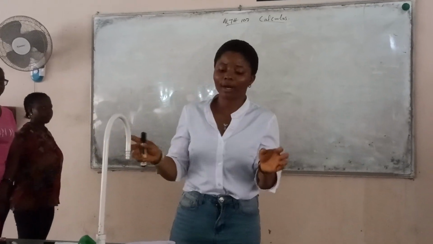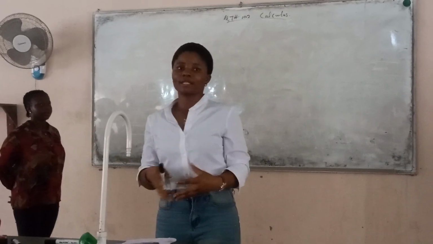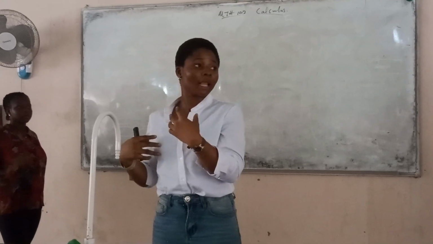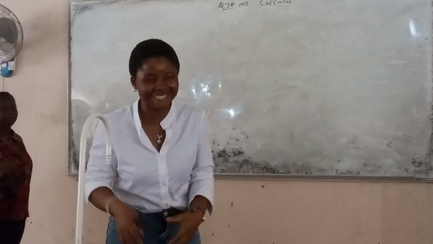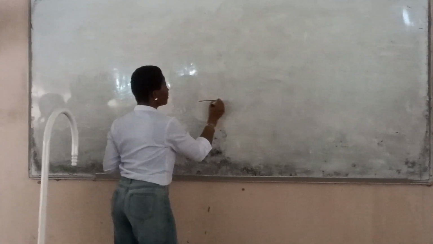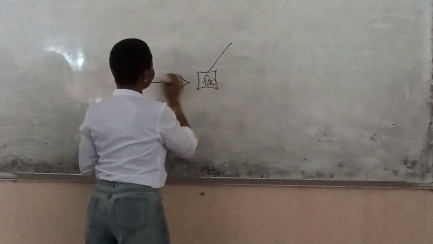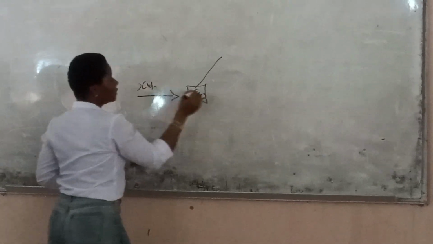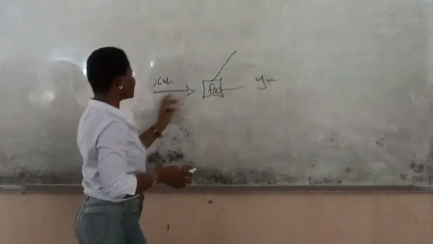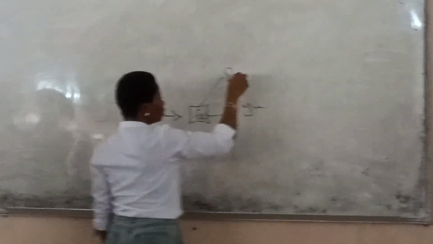Let's assume that our function is like our respiratory system: we breathe in oxygen and breathe out carbon dioxide. So this is our x value, and this is our y value. The process in which this x value is taken in and gives out a y value is called a relation.